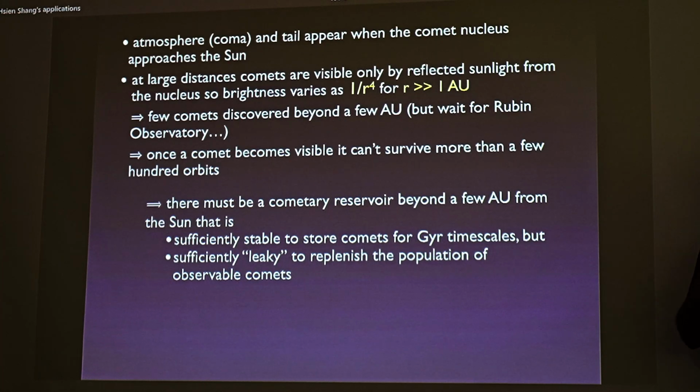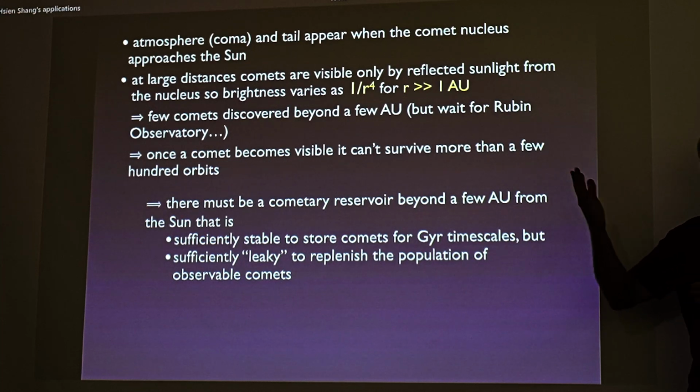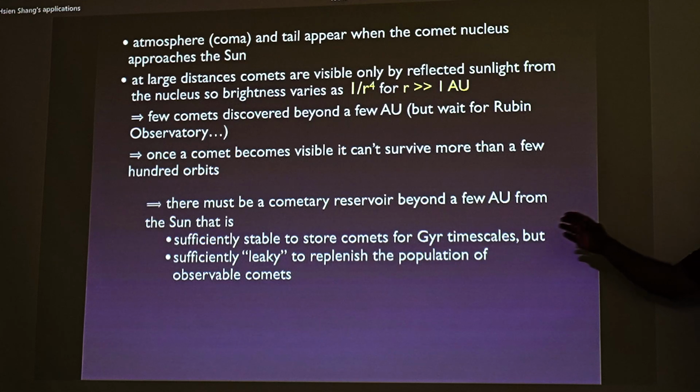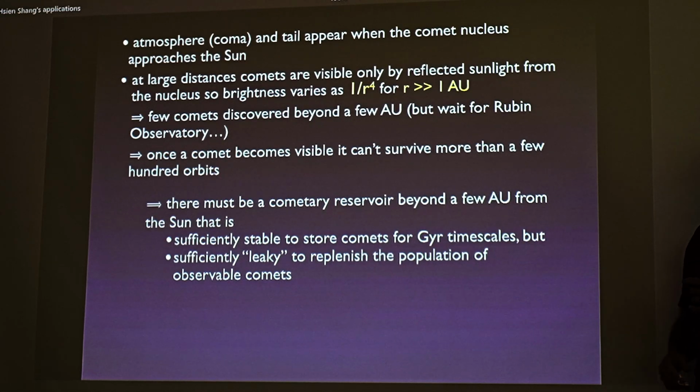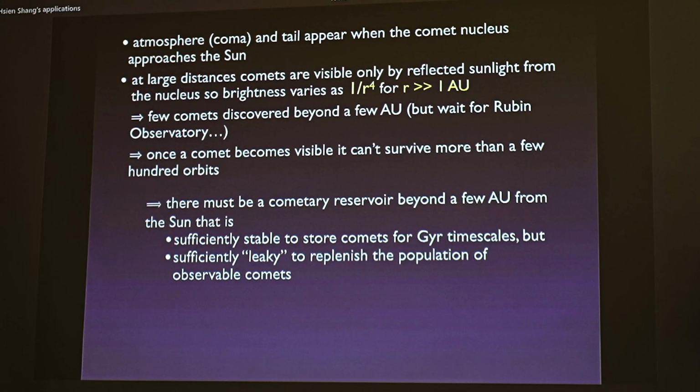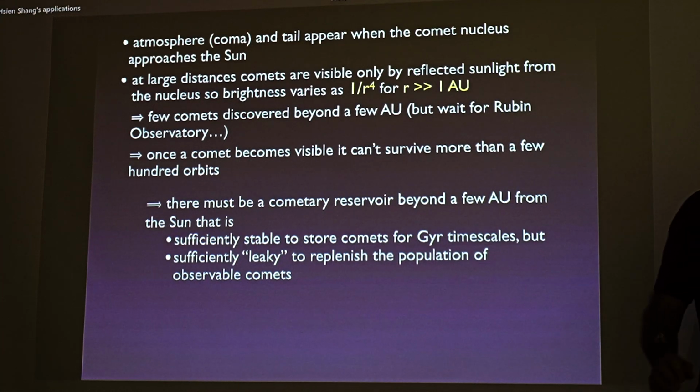It has to be somewhat leaky so that it's continually producing a slow stream of comets that become visible from the sun and then disappear within a few hundred orbits. And much of the goal of trying to understand the origin of comets is to understand the nature of the cometary reservoir.